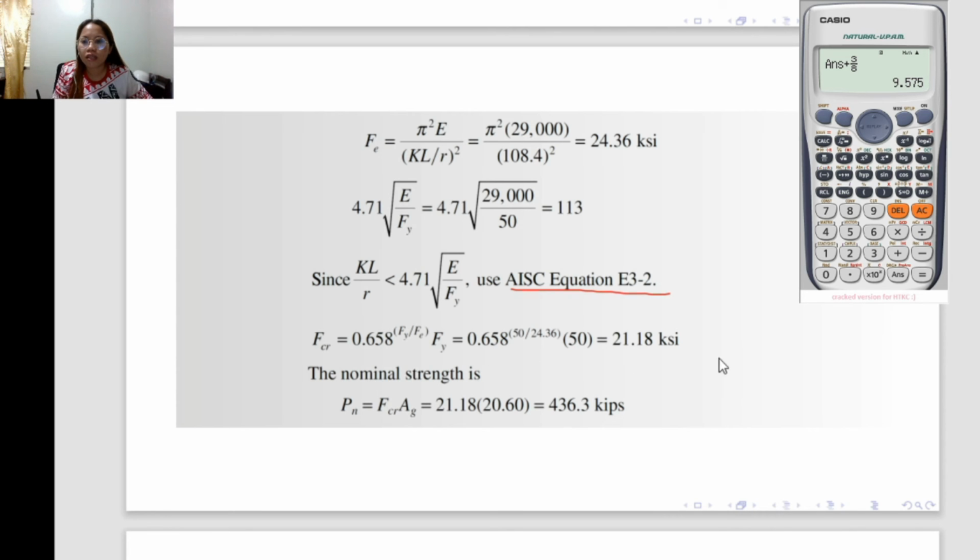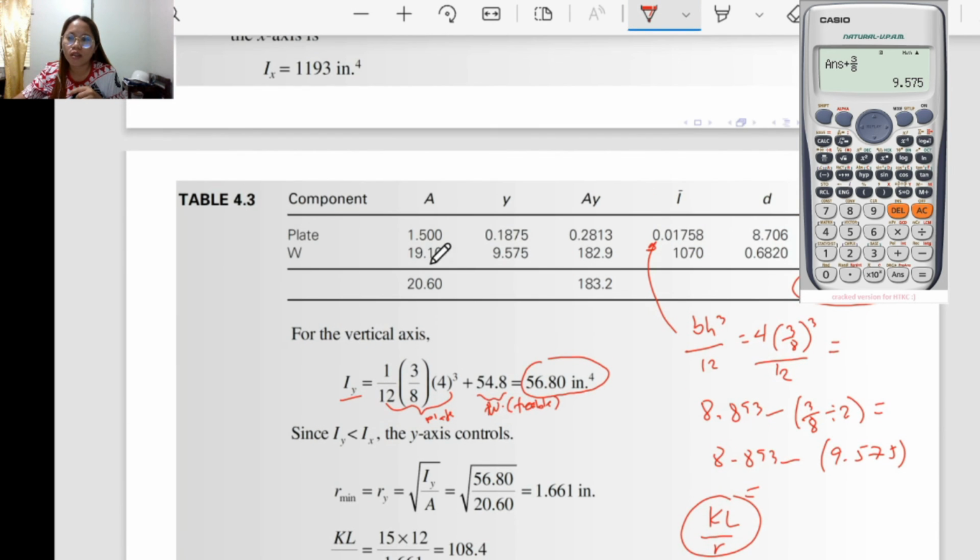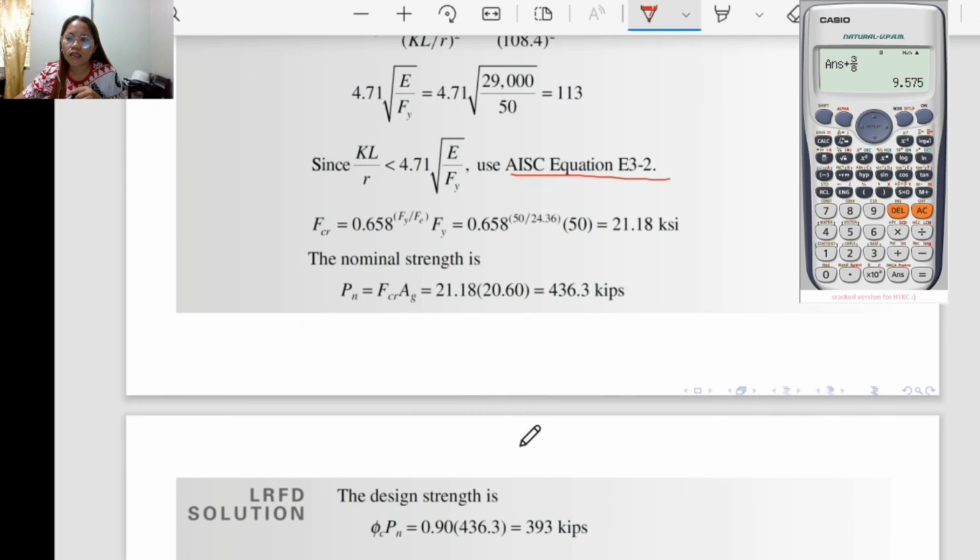So that from this critical buckling stress, the nominal strength is critical buckling stress times the gross area, which is the total gross area, which we computed as 20.60. So, the nominal strength, this is kilopounds, no?